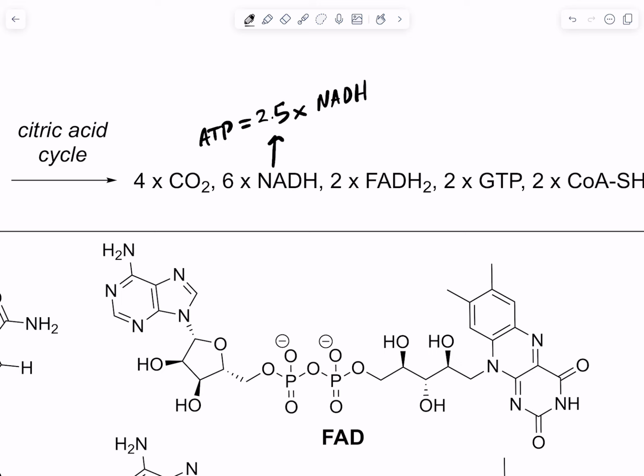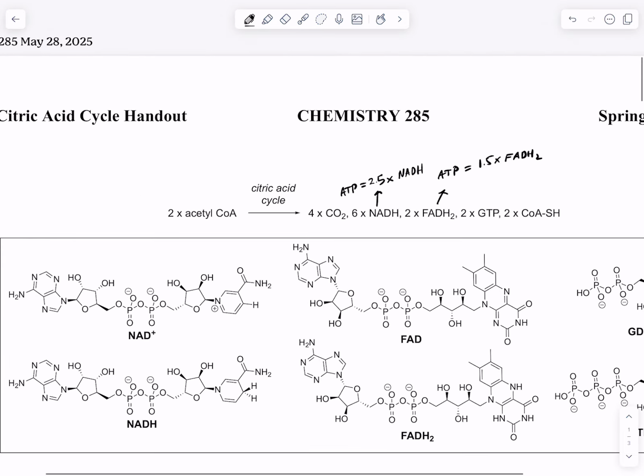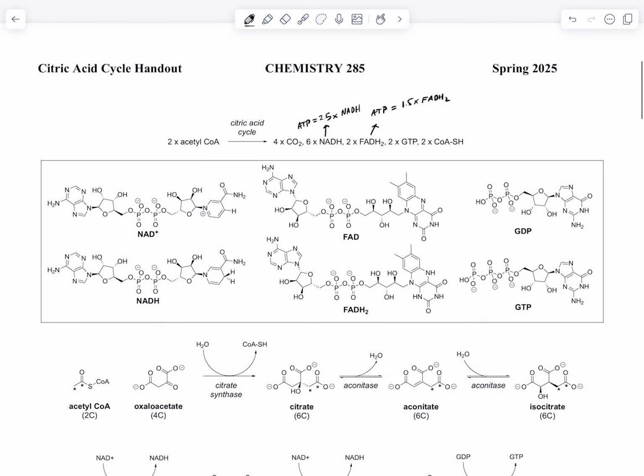And then, of course, from FADH2, we get 1.5 molecules of ATP per molecule of FADH2. So, I think we totaled up 32 molecules of ATP from glucose, and of those, about 20 of them, I think we did the math right, yeah, 20 of them come from the citric acid cycle.